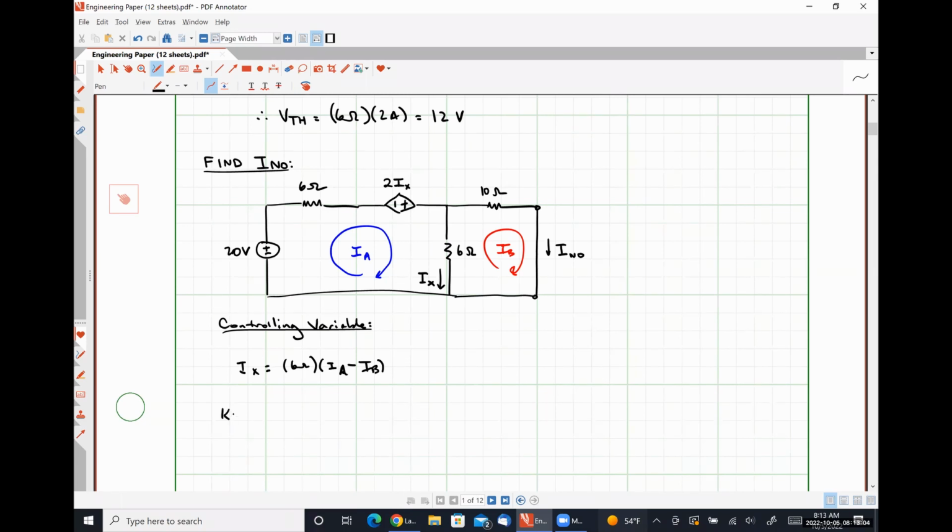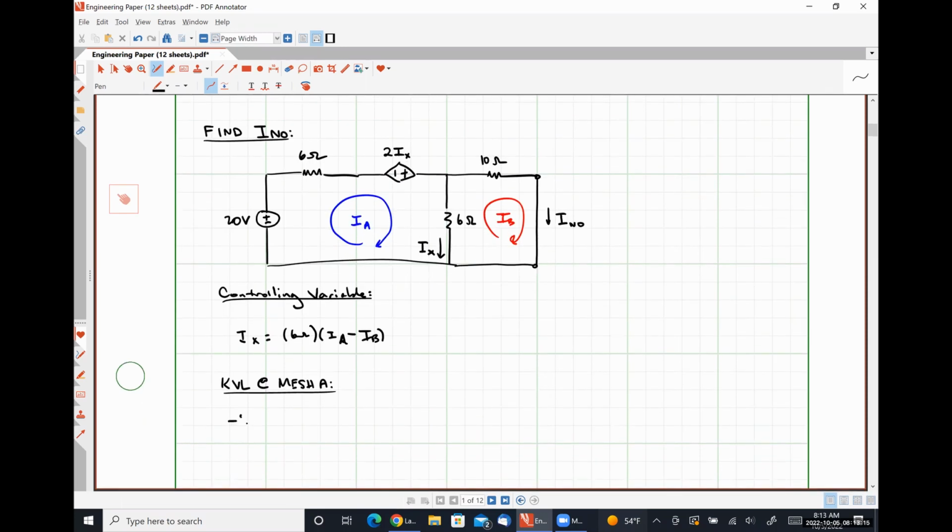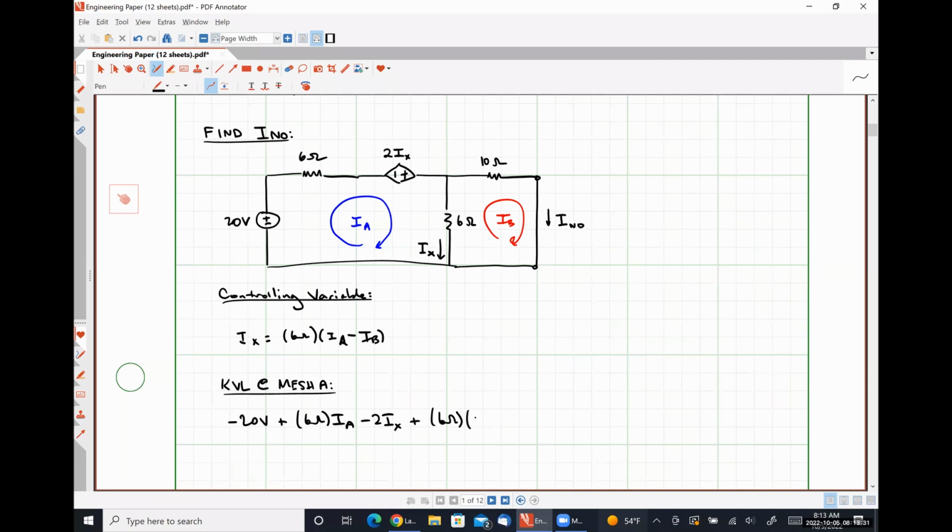So we're just going to have a KVL at mesh A, which is going to look like negative 20 volts plus 6 ohms IA minus 2 Ix plus 6 ohms times IA minus IB is equal to 0. And because I want to have this all on one page, I'm going to have to do KVL at mesh B up here.